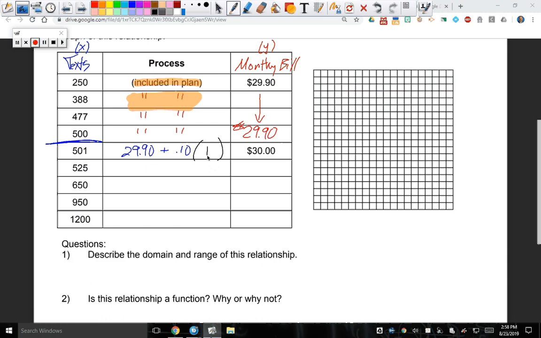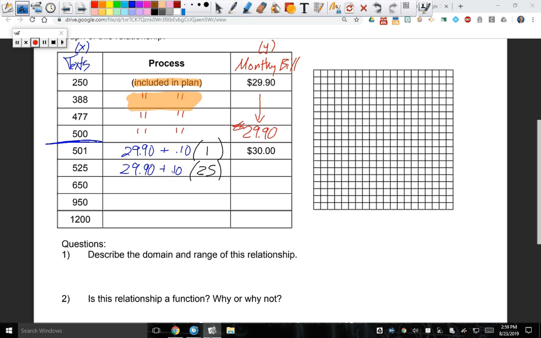Okay? Now, how about if it was 525? How many extra texts, anyone? 25. Does everything else stay the same? Yeah. So we're going to put 25, and we can go ahead and write it out or put ditto marks. I'll write it out one more time, and then I'm going to put ditto marks.